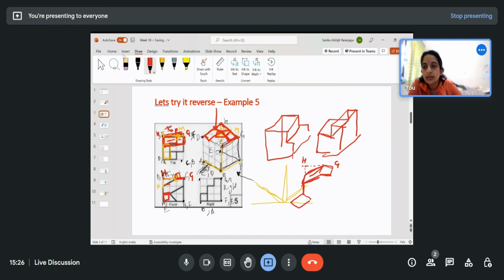So I'll just make a fair drawing here. So till now we drew this part of the cube, this part and this part.